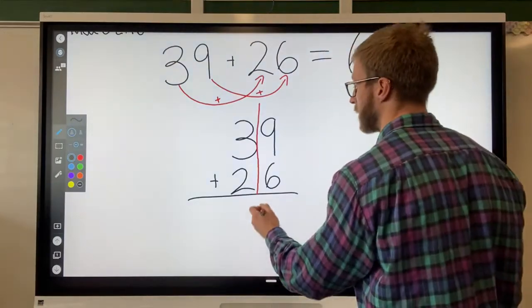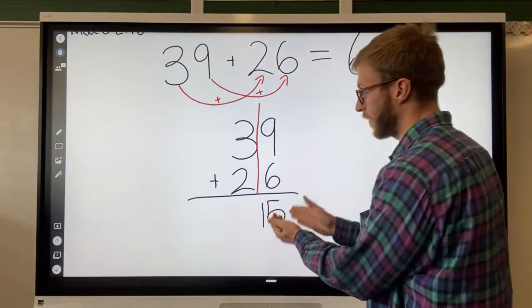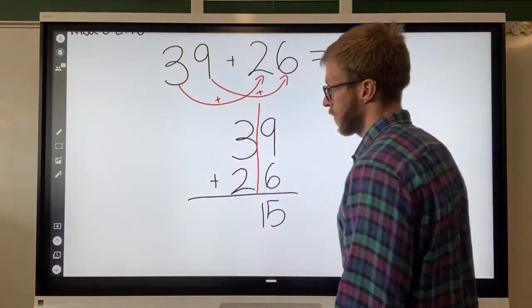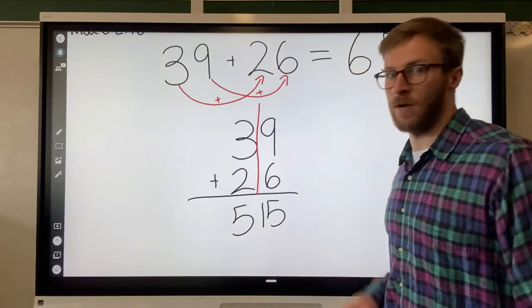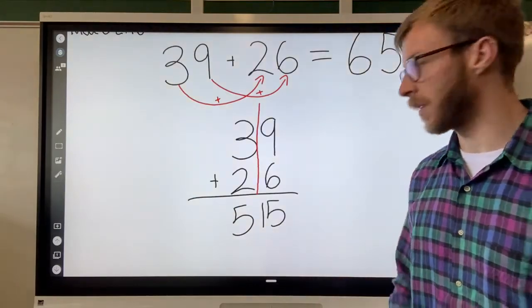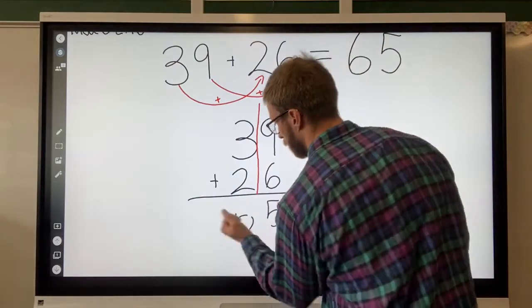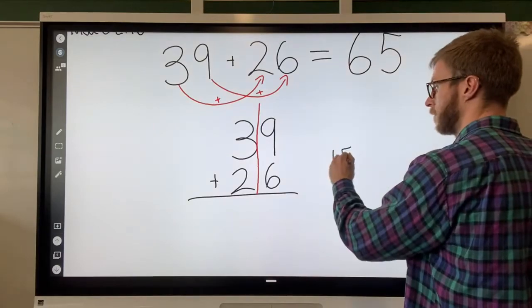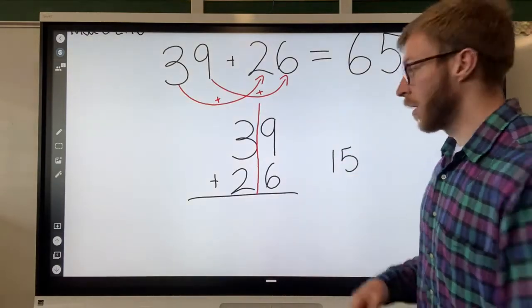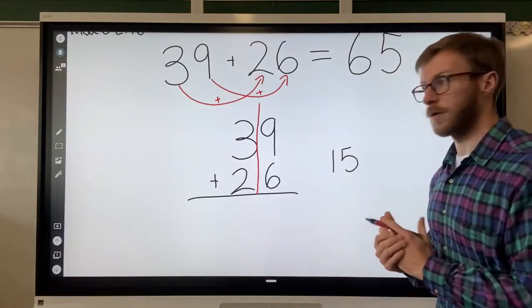However, I cannot write the number 15 down here. Because if I was to write 15 right there, and then 3 plus 2, well, that's 5. My answer is not 515. Way too big. So what I need to do is if 9 plus 6 equals 15, well, I have a group of 10s and I have some extra 1s over here.